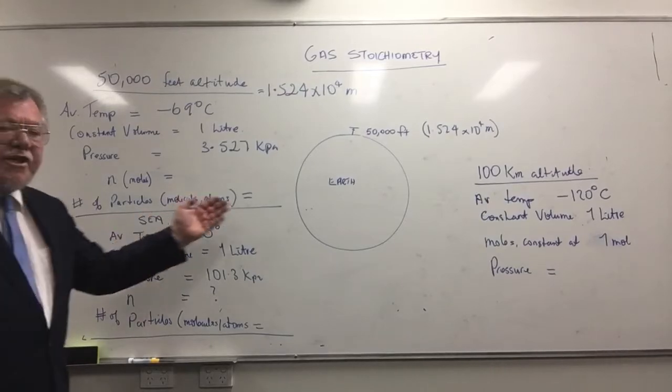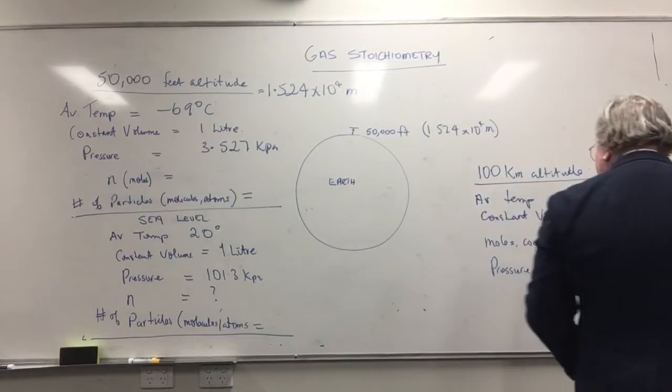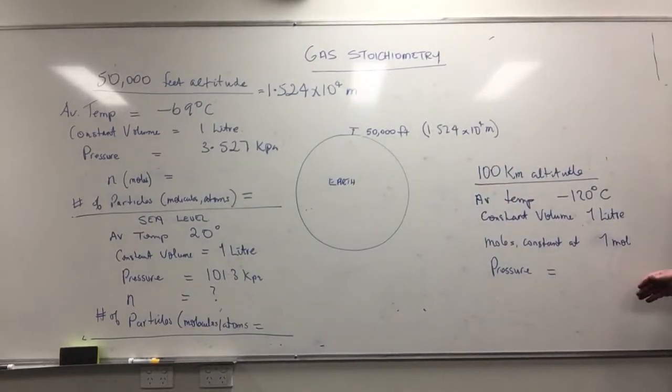And then if we look across here, so this is your third example. The air temperature is going to be minus 120 degrees C. Don't forget to convert it. We're going to maintain a constant volume, and this time we're going to maintain 1 mole of the gas.